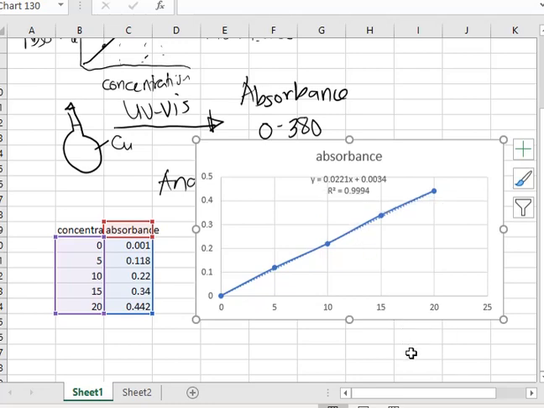So let's try. 0.380 equals 0.0221x plus 0.0034, and find x. You have to befriend your calculator. Your calculator could also give you an equation of a line.